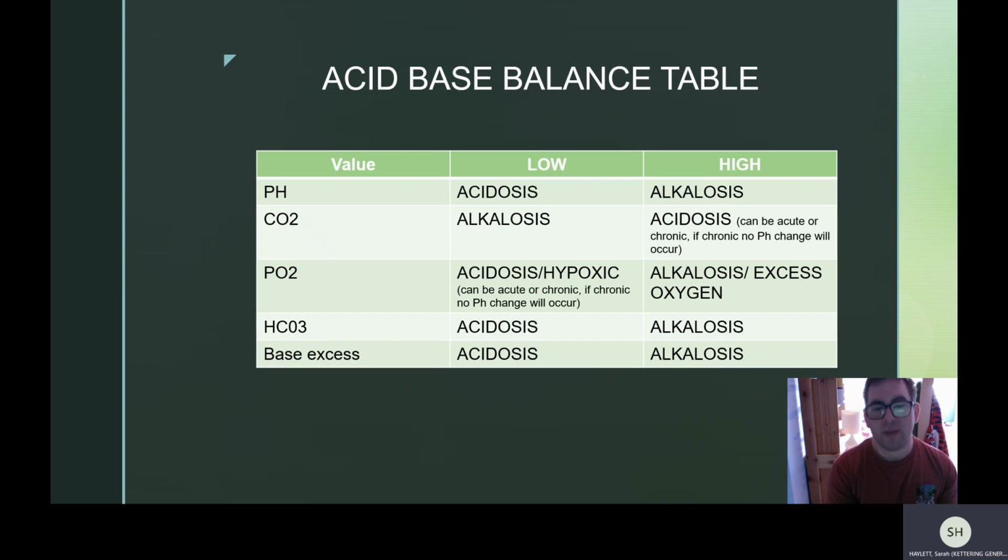If your PO2 levels are high, usually because of either hyperventilation or excess oxygen, then again, we can adjust this quite easily by breathing through a paper bag or reducing the amount of oxygen that we're giving them. So your bicarbonate, low is acidotic, high is alkalotic. Your base excess always goes up with your bicarb or down with your bicarb. Okay.